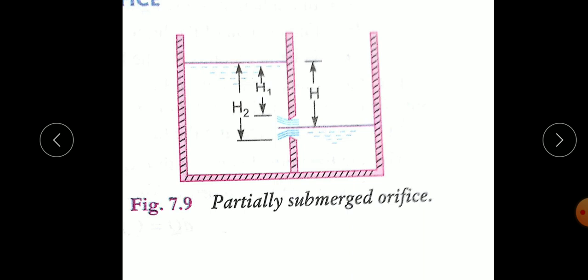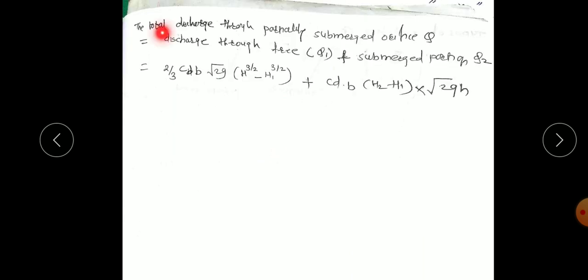Here we can combine the formulas of the freely discharging orifice and the fully submerged orifice. The total discharge through the partially submerged orifice will be the discharge through the free part, for which we derived the formula 2 by 3 Cd b under root of 2g, times h raised to 3 by 2 minus h1 raised to 3 by 2, that is for the large orifice freely discharging.